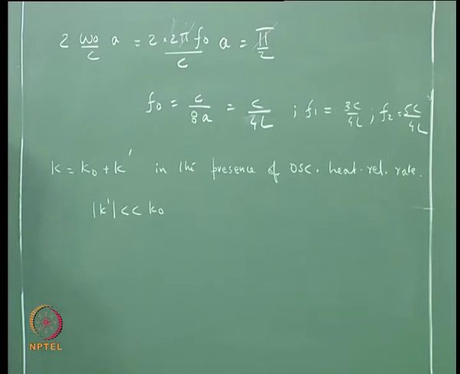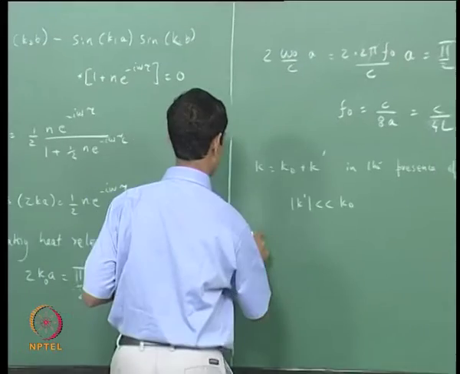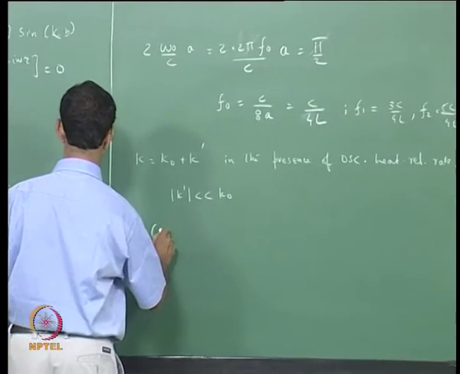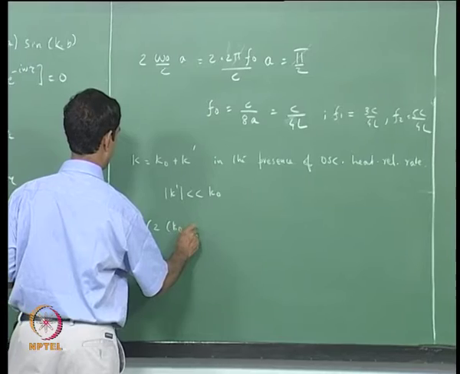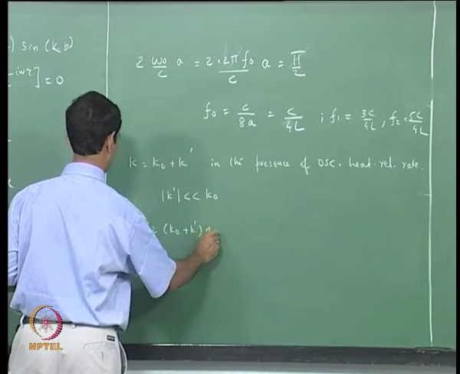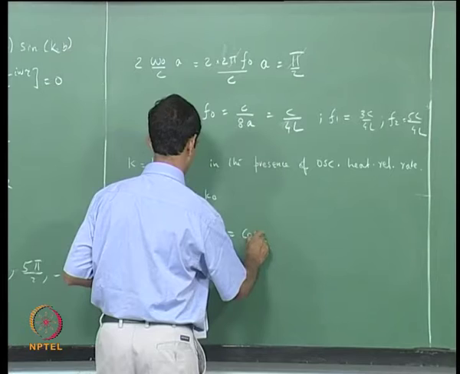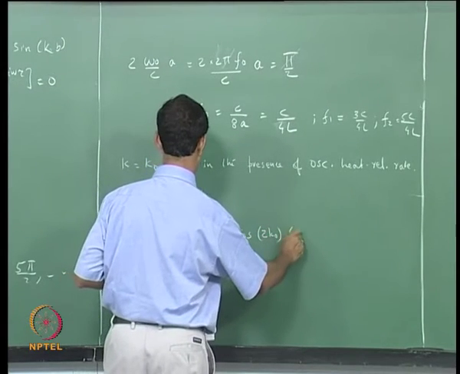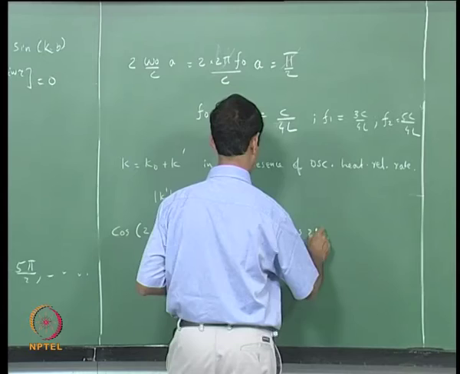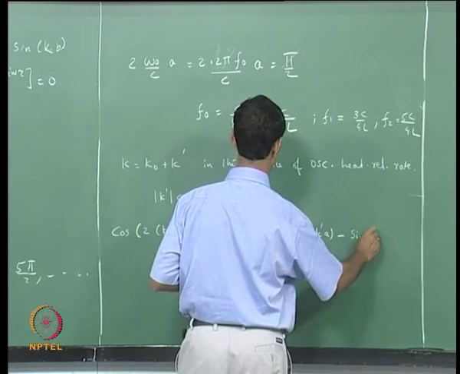So now we can expand the solution. It will be cos of, this can be written as cos 2k naught a cos 2k prime a minus sin.